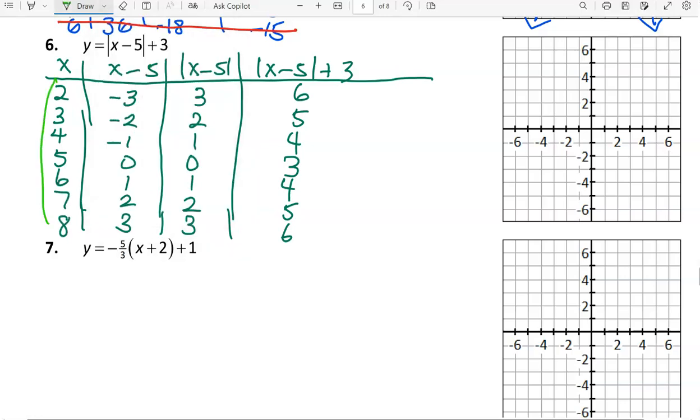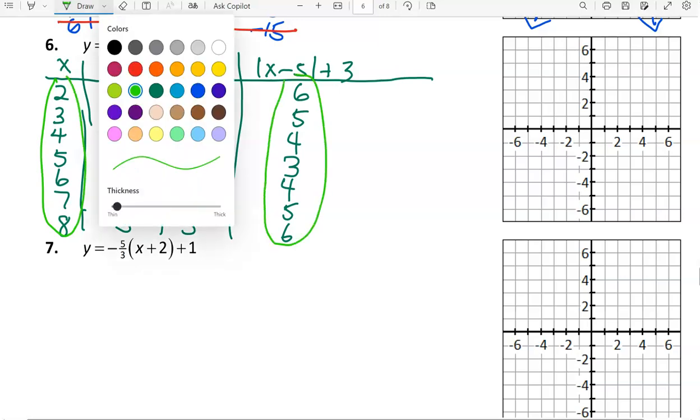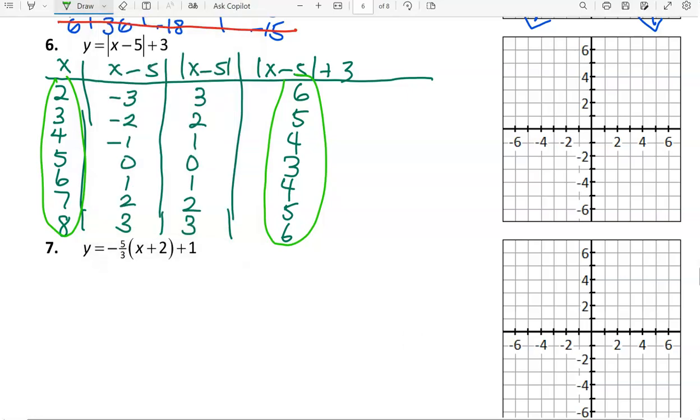And our first and last columns give us our x, comma, y. So first point is 2, 6.